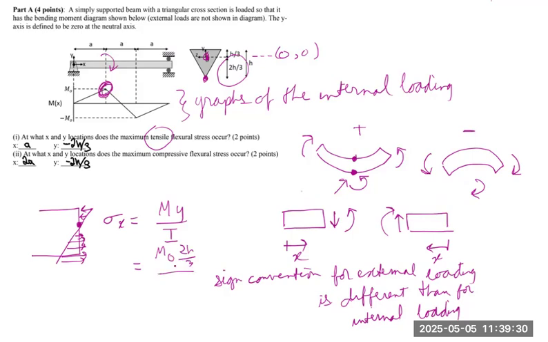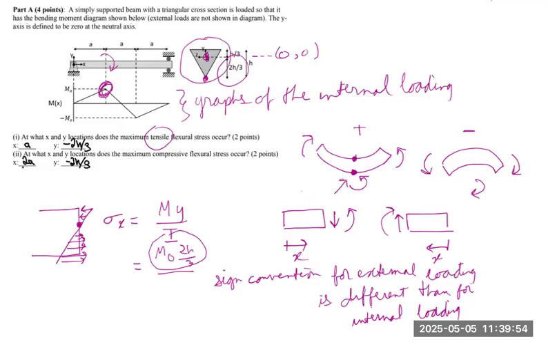And then it's going to be the moment of inertia of this triangular cross section around its centroid, which is constant for the whole beam. So we don't have to worry about that part. We only have to worry about the numerator. And we want to try to maximize the numerator for tensile flexural stress.